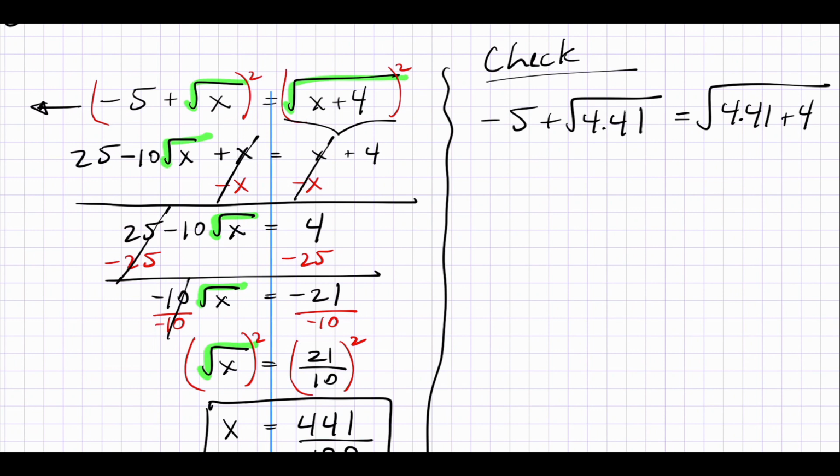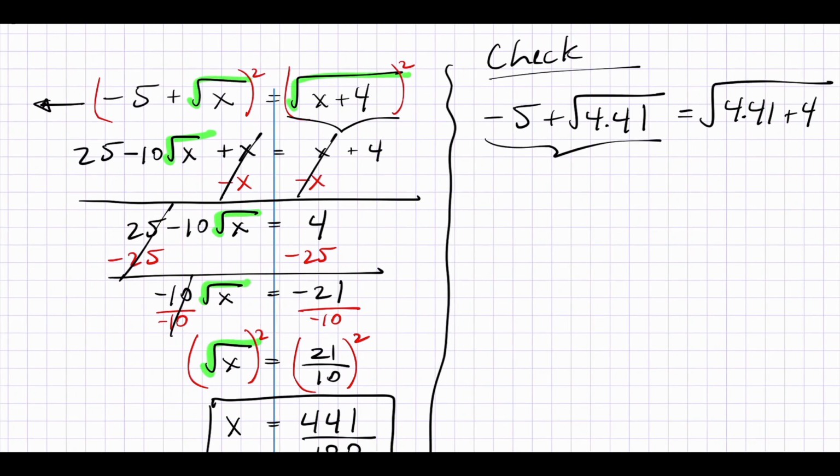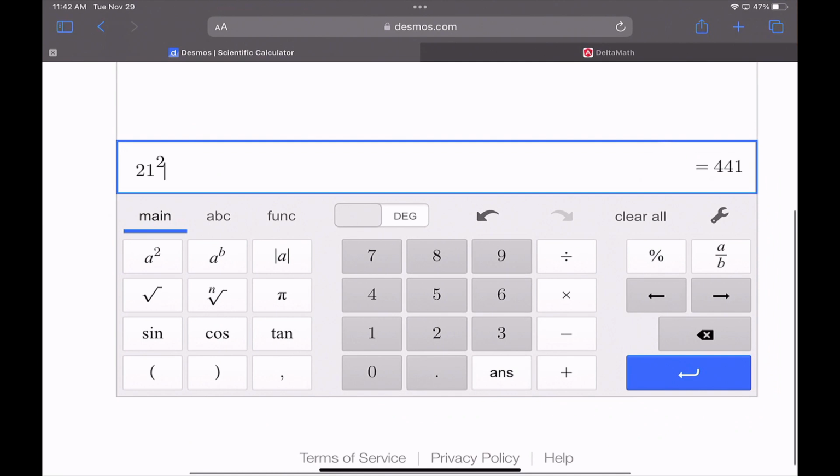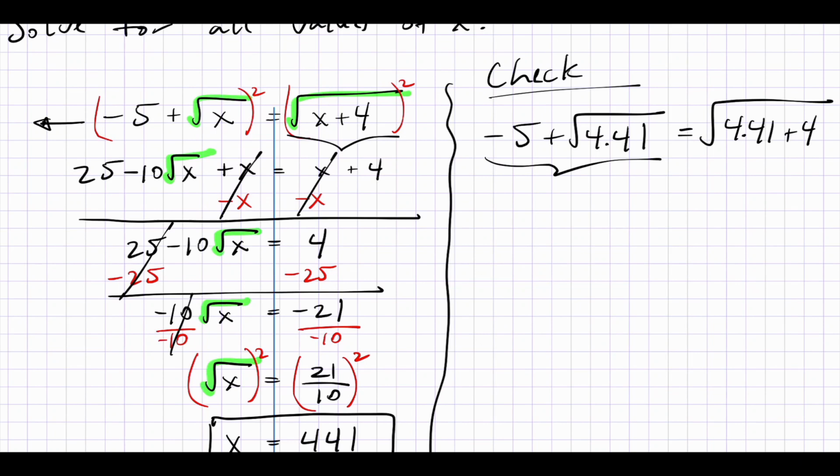So over here, the square root of 4.41 is 2.1. Negative 5 plus 2.1. When you do negative 5 plus 2.1, you're going to get another decimal, negative 2.9.